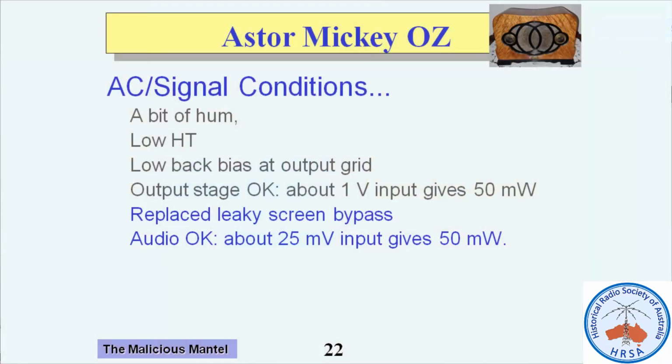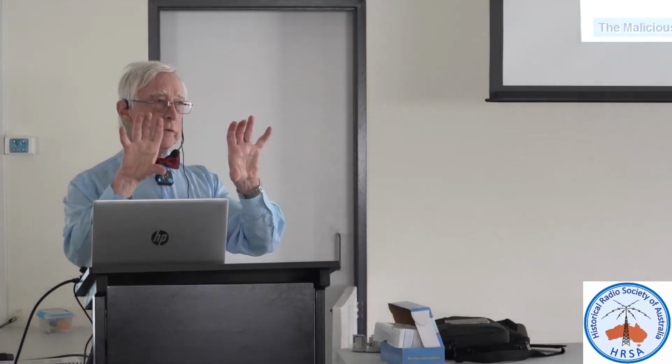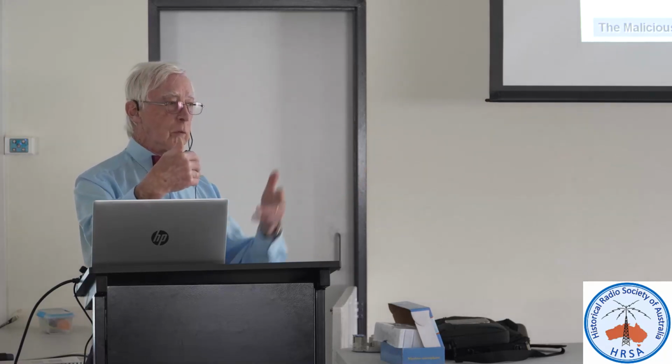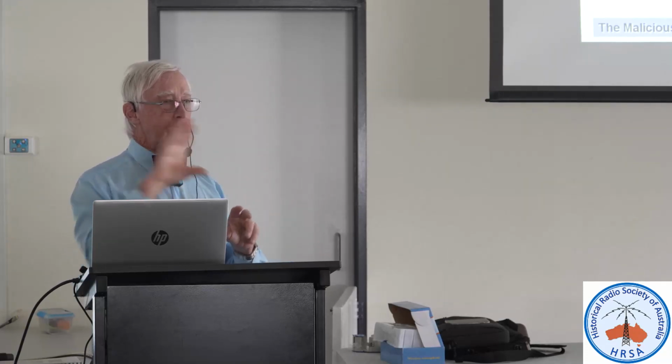Okay, about 25 millivolts on the volume control. It just happens that for any radio of any kind, valve or transistor, if it's got two amplifying stages, a Mantel set with a 6B7 and a 43, or a transistor set with an OC71 and two OC72s, somewhere between about 10 and 30 millivolts should give you your 50 milliwatts output.